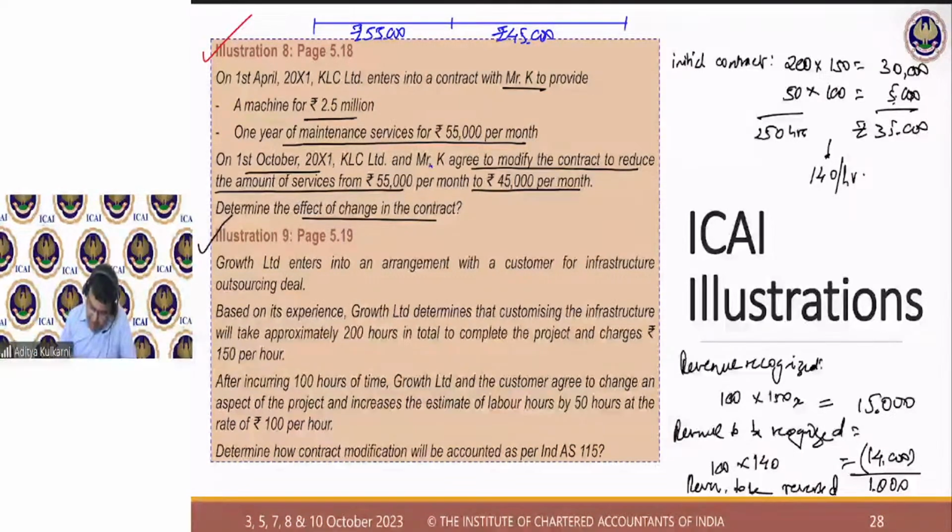Mr. KLC Limited and Mr. K agree to modify the contract to reduce the amount of services from 55,000 to 45,000. So they are modifying the contract, and therefore this modification is going to be considered as such.